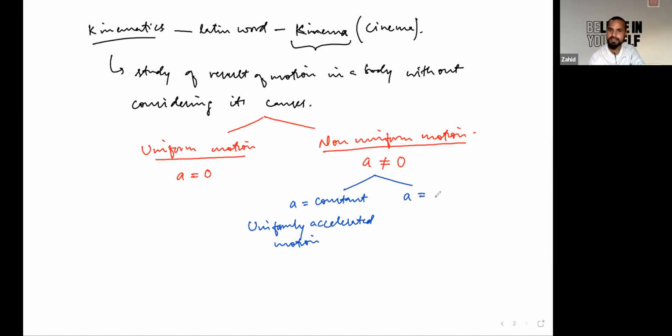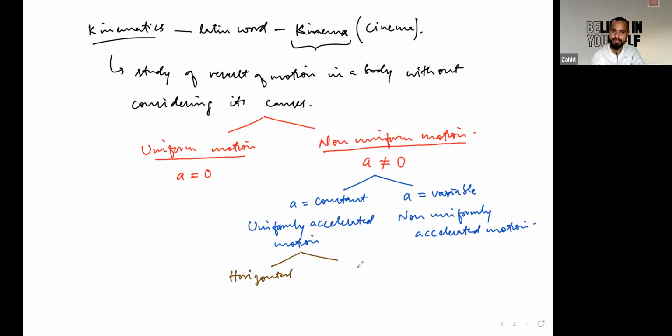And if acceleration is variable, or you can say a time dependent or position dependent function, we call it non-uniformly accelerated motion. Now, divide this motion into two parts, depending upon whether you are considering its horizontal path motion or its vertical path motion.